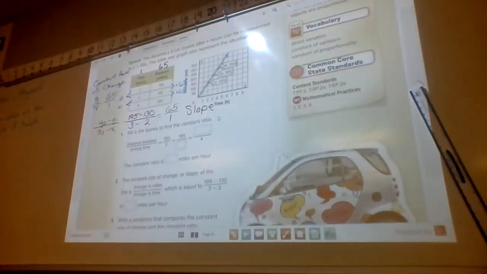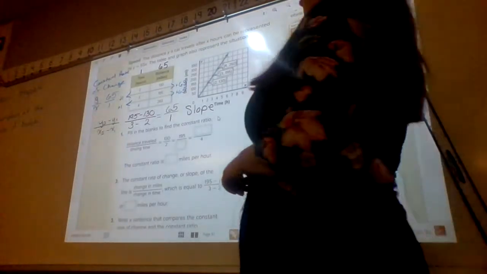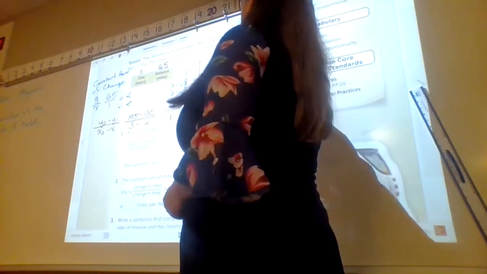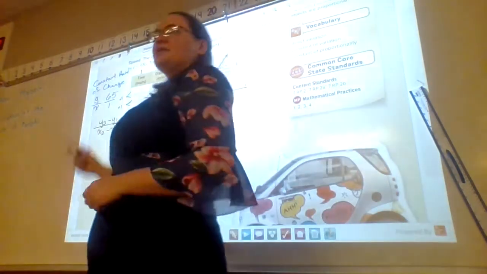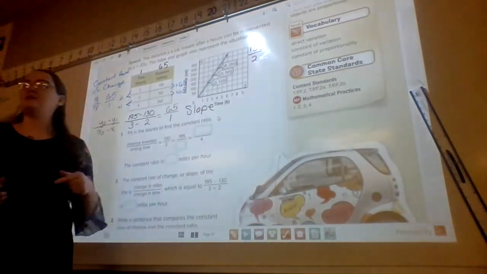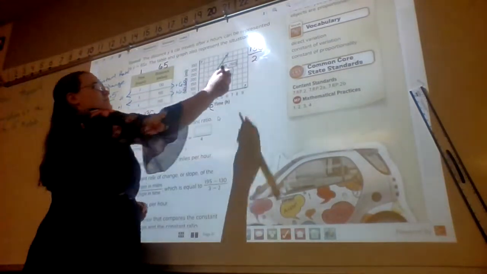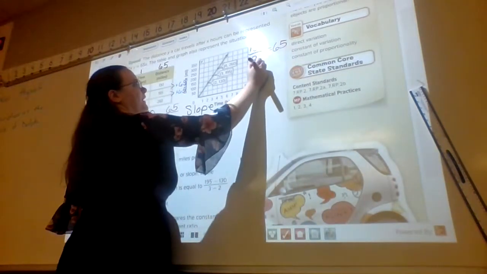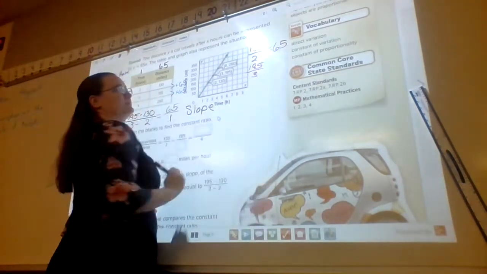On that table, way closer to the beginning of January, we sat here and said, okay, I'm going to take 130 divided by 2. That was the same as y over x. What is 130 divided by 2? What is 195 divided by 3?